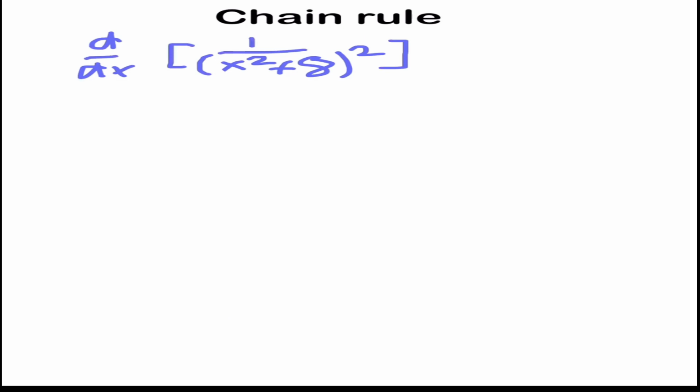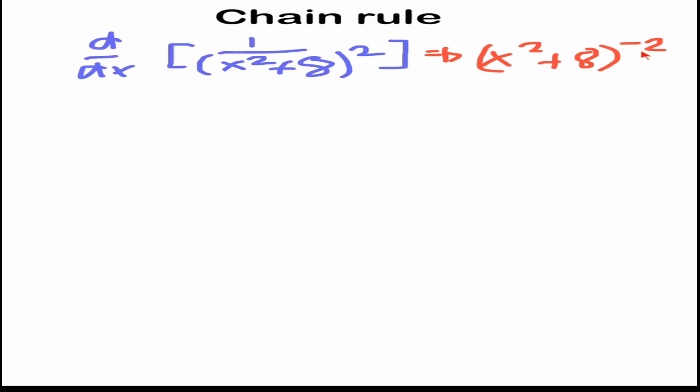Next, we have to find the derivative of 1 over x squared plus 8 raised to 2. So we can write this form like this: x squared plus 8 raised to negative 2, because it's a fraction and the exponent is 2.